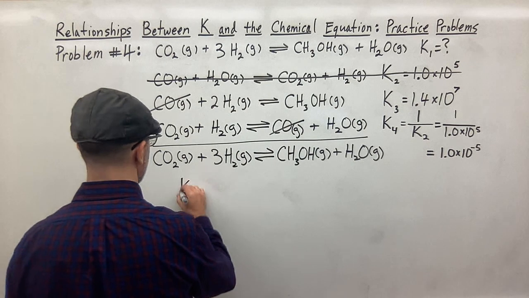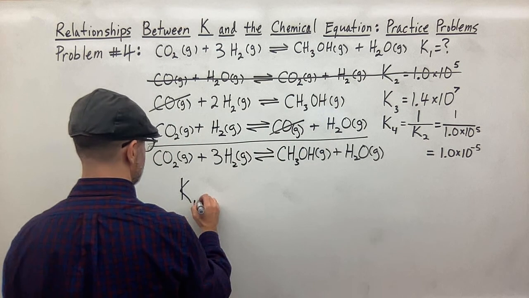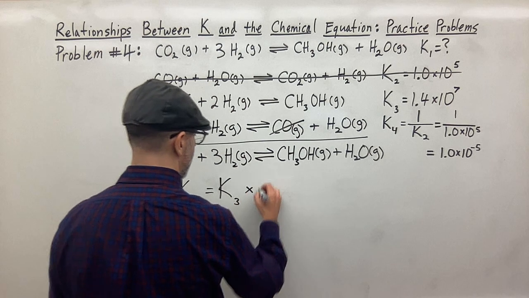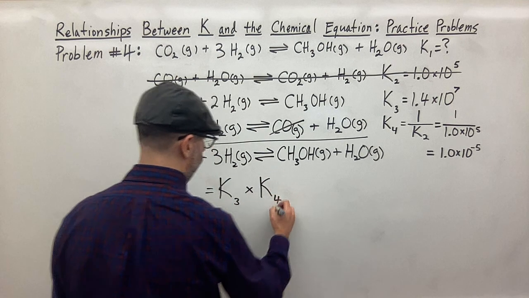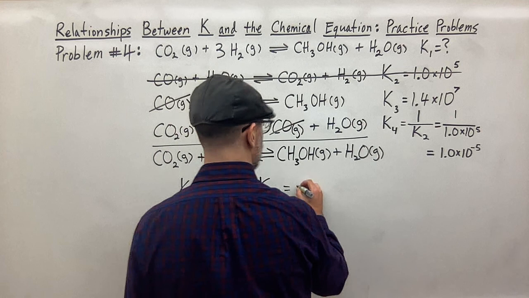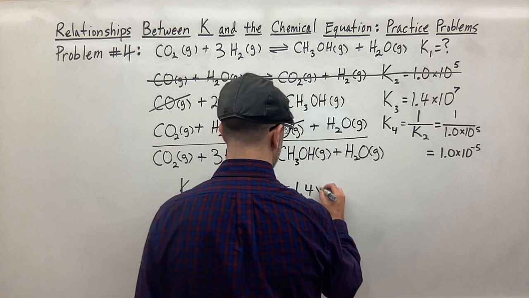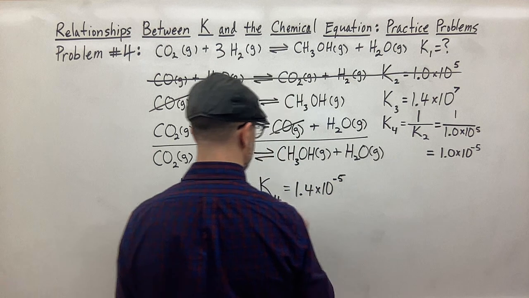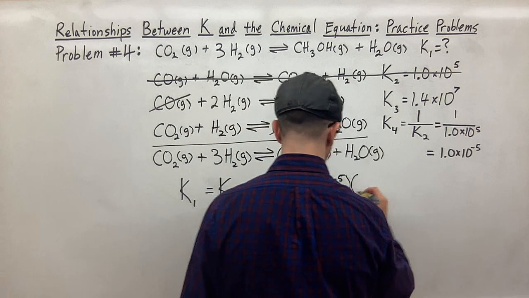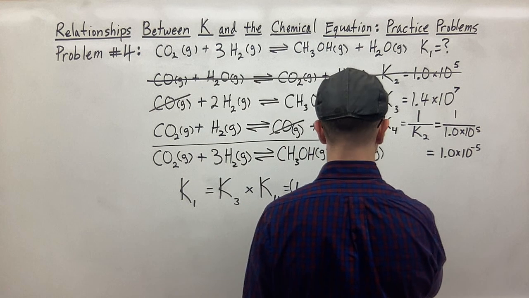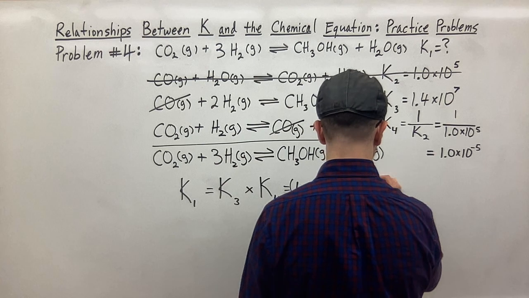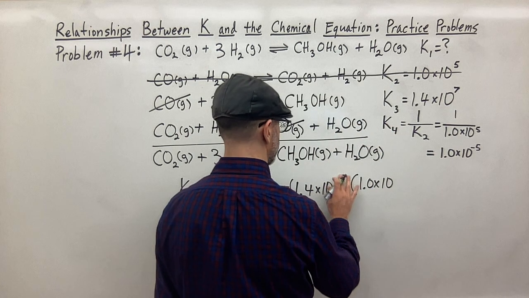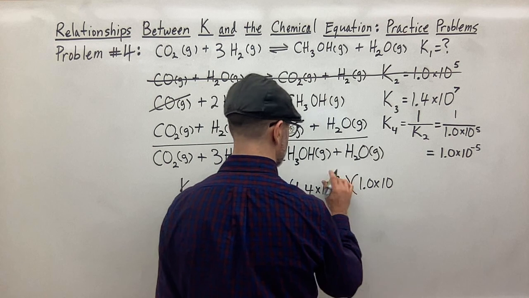So my K1 is then equal to K3 multiplied by K4. And so that becomes 1.4 times 10 to the negative 5 multiplied by 1.0 times 10 to, not negative 5. What am I doing? 7.